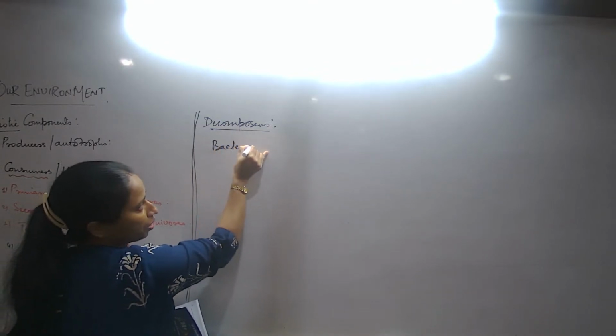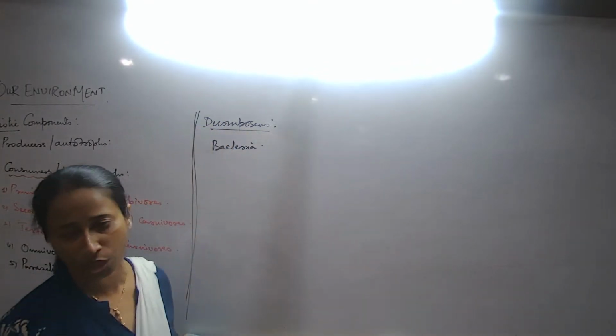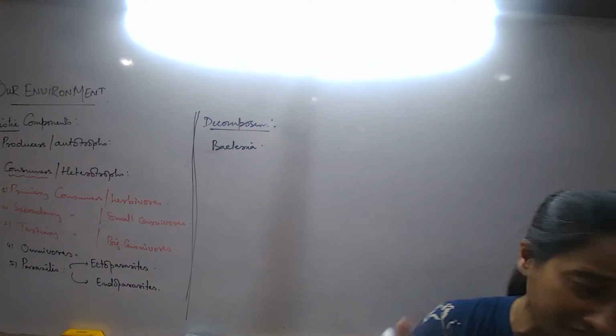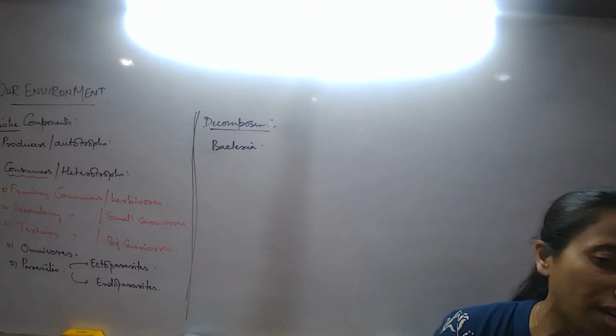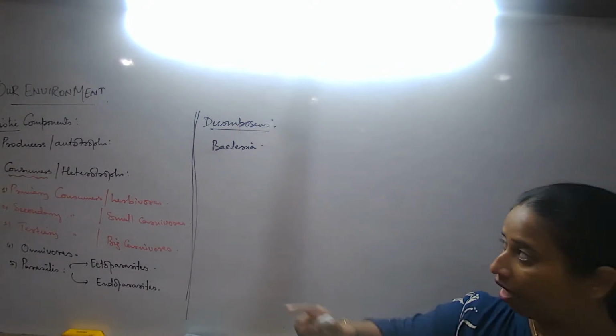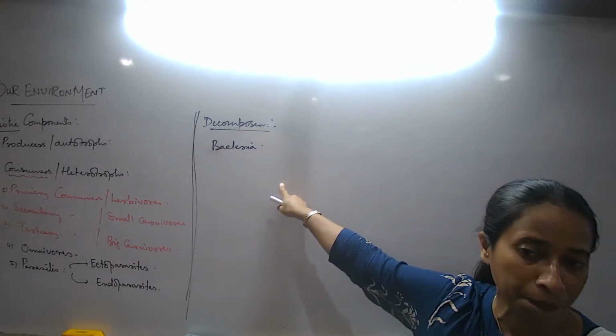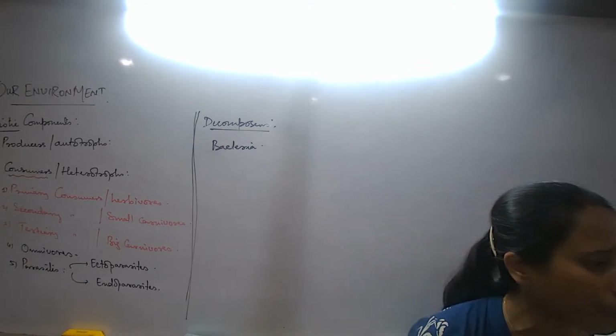The various different groups of bacteria. These are decomposers. Are fungi decomposers? Not at all. Fungi are not decomposers here. So whenever we talk about the decomposition of a plant part, animal part, and then mixing up with the soil and various advantages that the soil enjoys, the environment enjoys, what type of organism is responsible for decomposition? Bacteria.